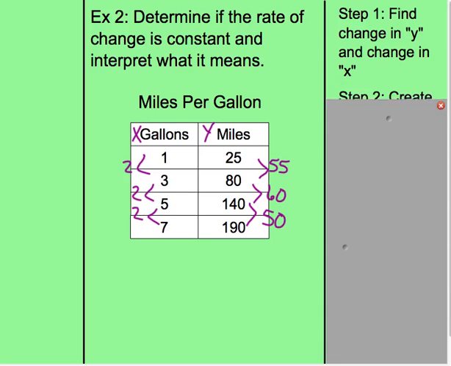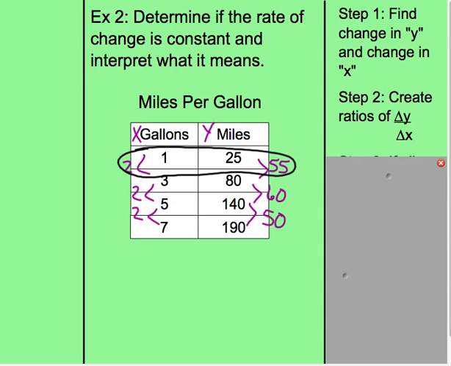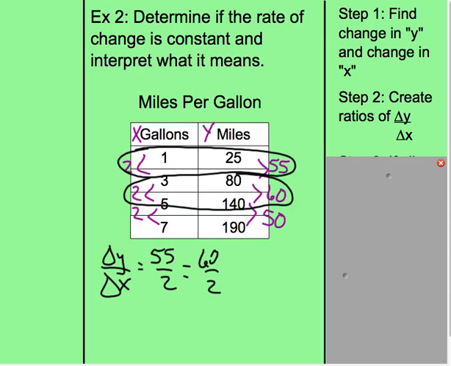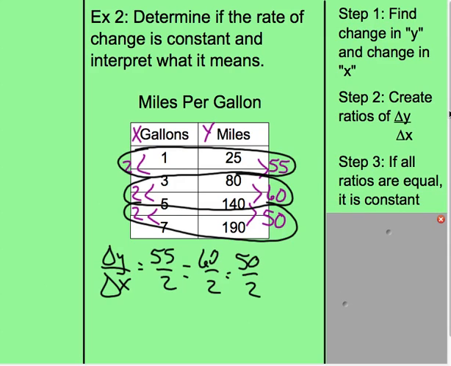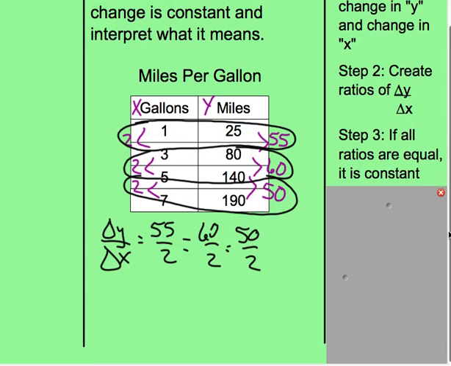So setting up our ratios, our first ratio going across is 55 over 2. Our second ratio was 60 over 2. And our third ratio is 50 over 2. Obviously these are not equal because that numerator changes and the denominator doesn't. So this is not a linear relationship.